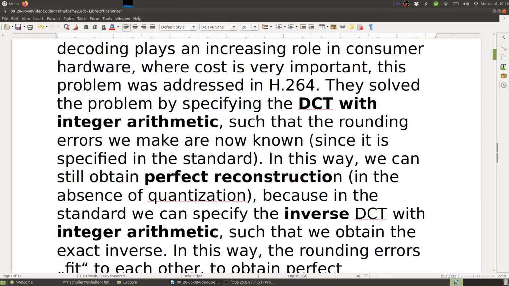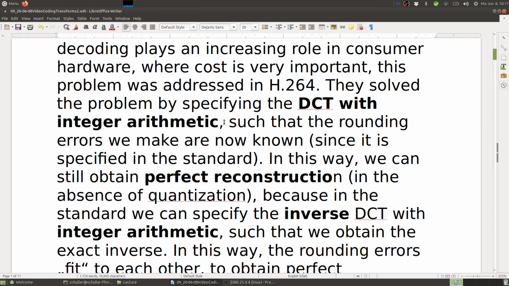So basically, every float number with finite precision can be specified as a fraction with integer numbers, and that's what's done here. So instead of floats, we're using fractions for the integer DCT. And fractions can be specified as short integers, so we can spend fewer bits for the computation.